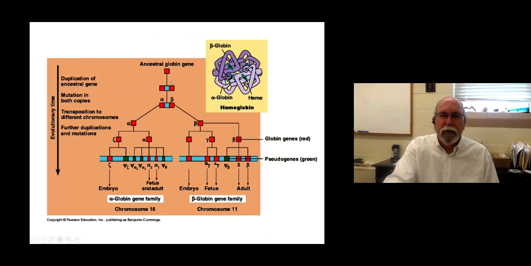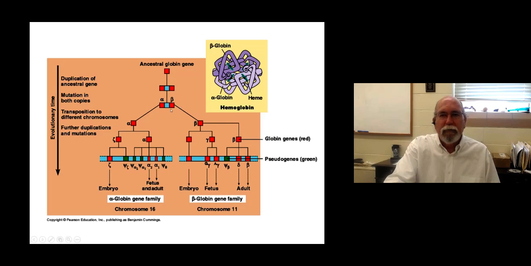Now, it turns out that once that gene is duplicated, it actually has ended up on a couple of different chromosomes. Now this goes back, this is not the beta, this is the original globin gene itself. It separated itself into an alpha and a beta, and then the betas themselves duplicated again to give all these other forms.